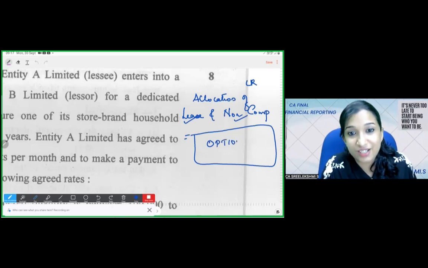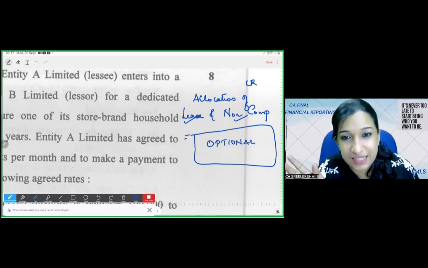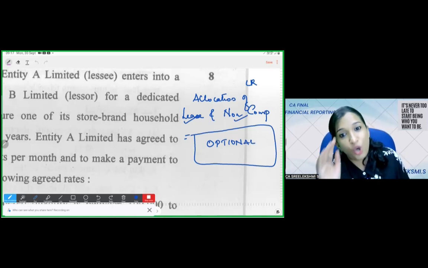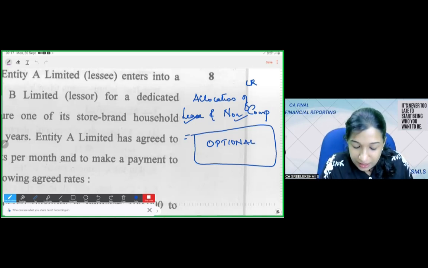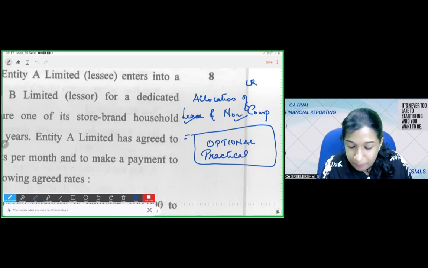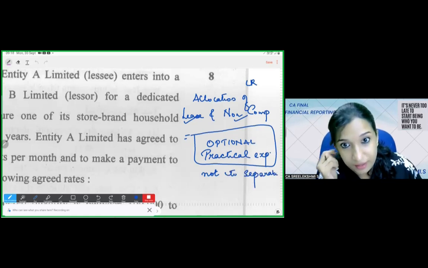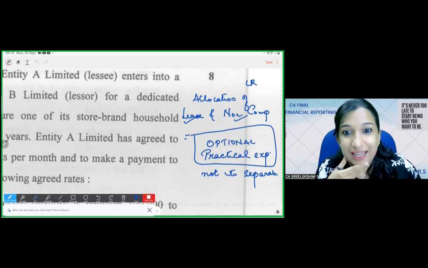For different lease components, different assets, it is mandatory. But for lease and non-lease components, it is optional. Companies can apply the practical expedient not to separate.